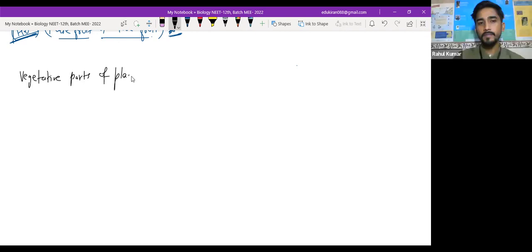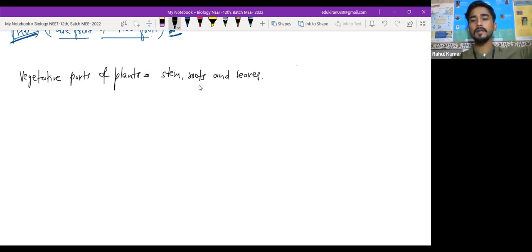So vegetative parts include three things: stem, roots, and leaves. Branches are a part of the stem. So if a plant can reproduce through these three parts, that propagation is called vegetative propagation.